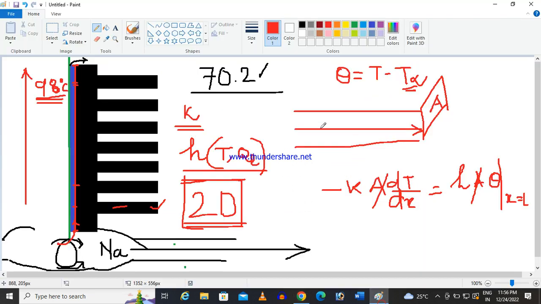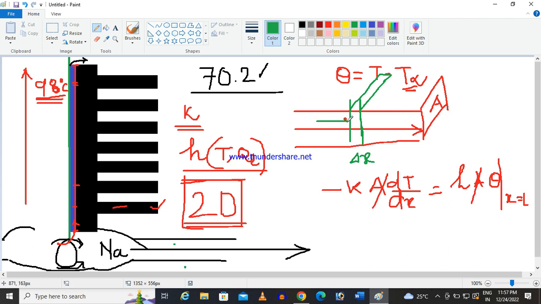Now if we take one very small cross section, one slice, say that is del x, along the periphery, top and bottom, both sides.